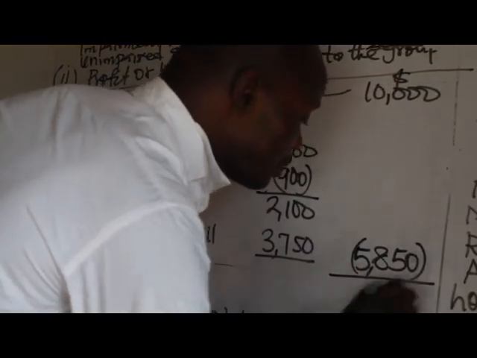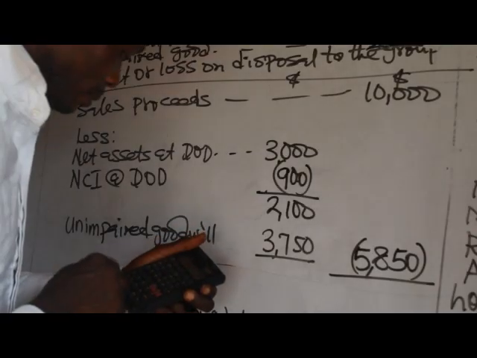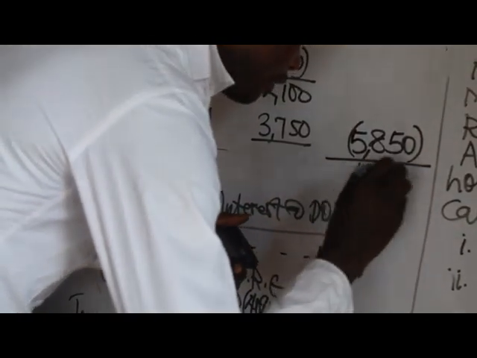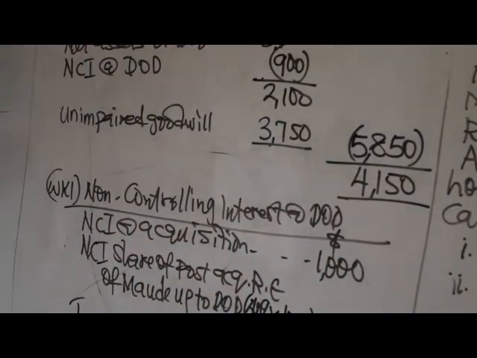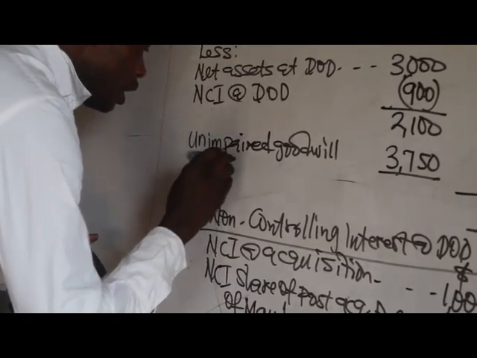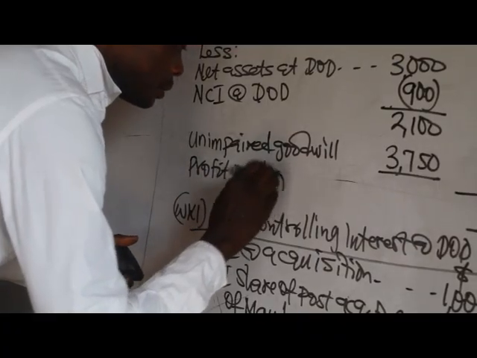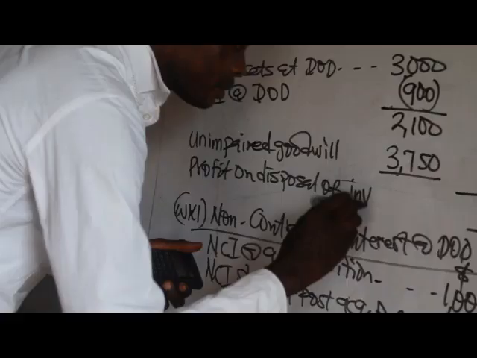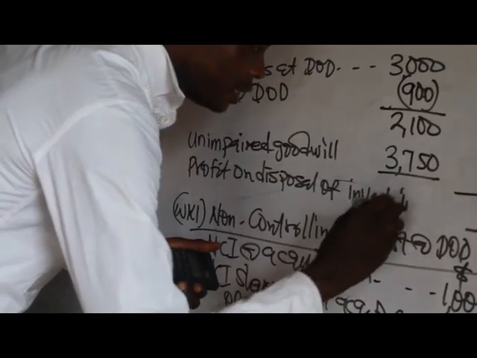If you subtract 5,850 from 10,000, then you'll be left with 4,150. That is the gain or profit on disposal of investment in Mild.